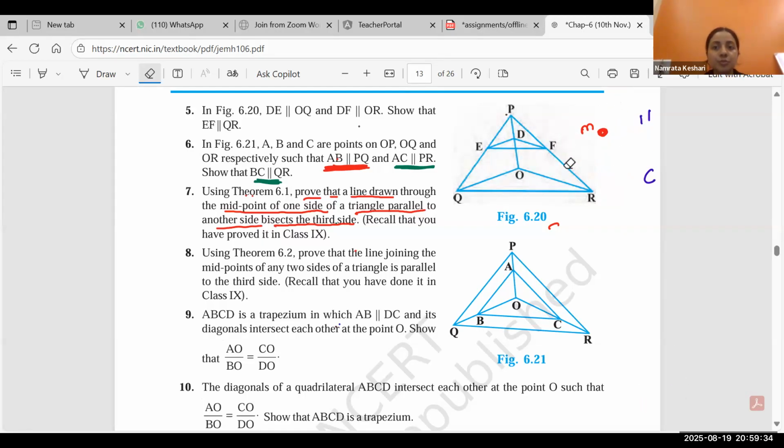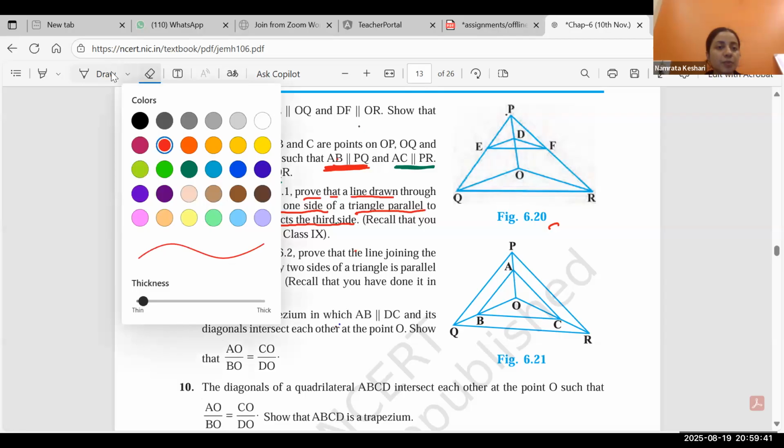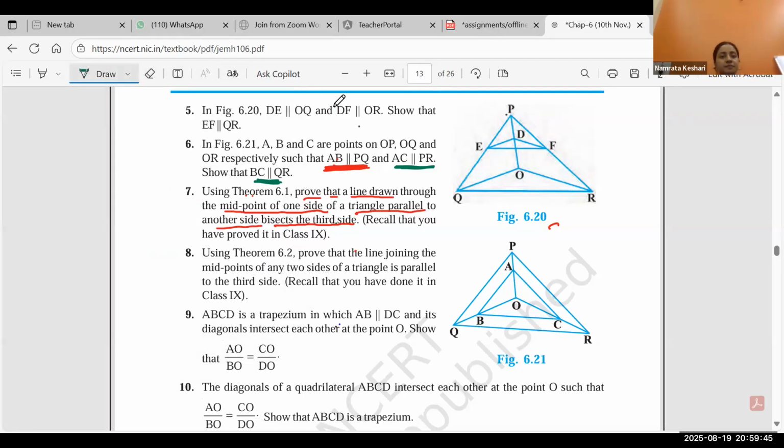What we have to prove is the midpoint theorem. How? With the help of the converse of BPT, the basic proportionality theorem, right? Yes, ma'am.